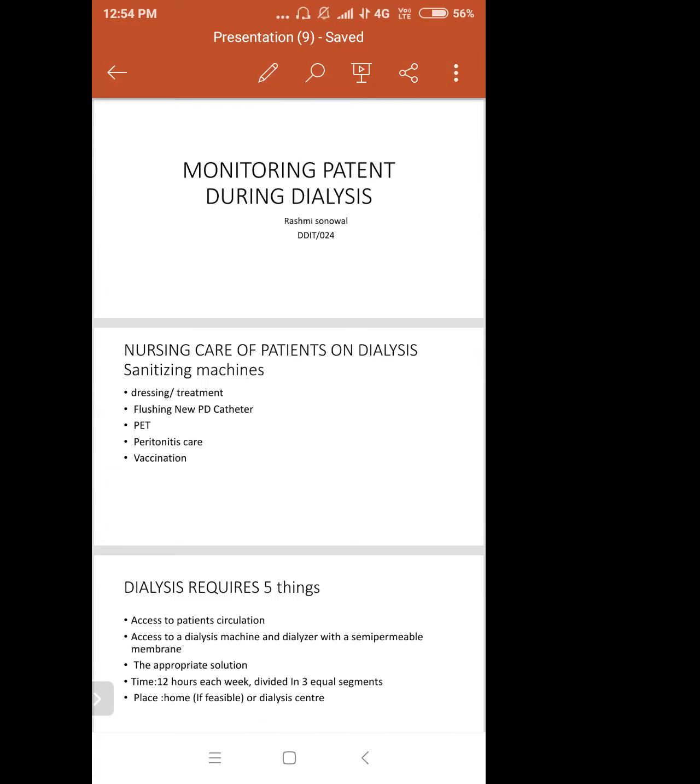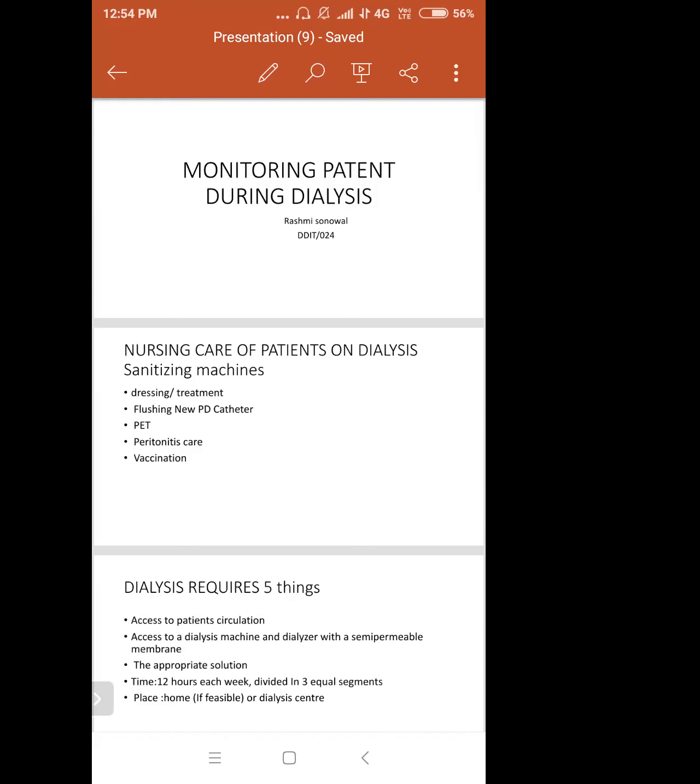Okay, ma'am. Nursing care of patient on dialysis, sanitizing machine, dressing treatment, flushing new PD catheter. A PD catheter is a special tube that is inserted into your abdominal cavity. When the catheter is in position, a small amount of fluid will be flushed through it to check it is in the correct place.